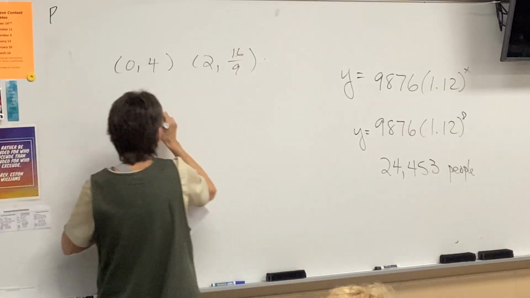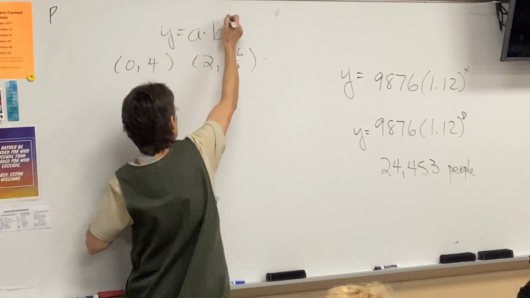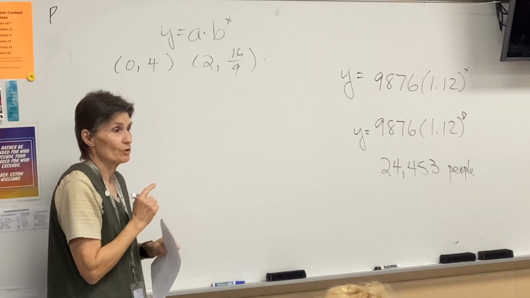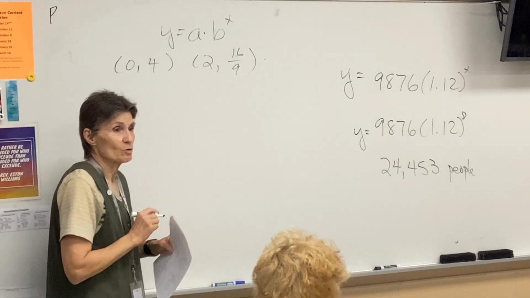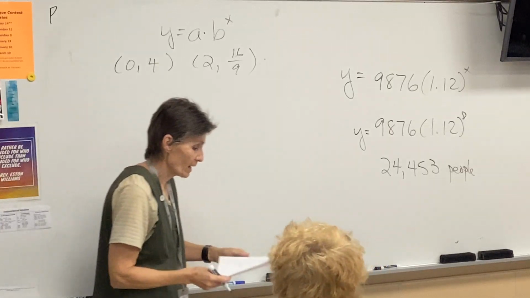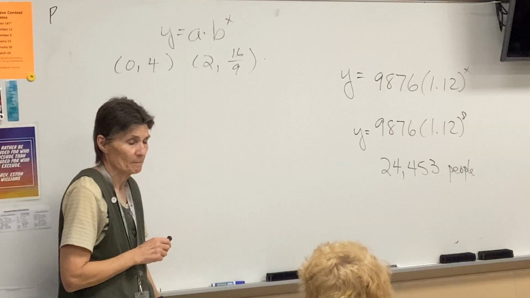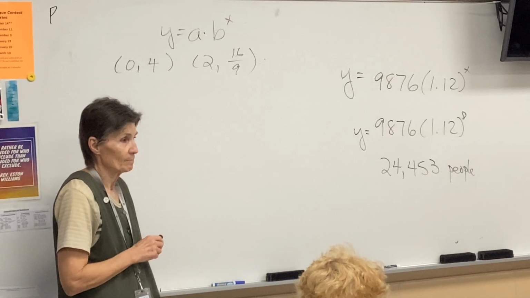Okay, so we're shooting for this. When it says write the equation of the exponential function, that's what you're shooting for. All right, see if you can get this one started. Do you remember how to do it? I know it's got a fraction, don't panic, it's all gonna come out beautifully. See if you can get it started.